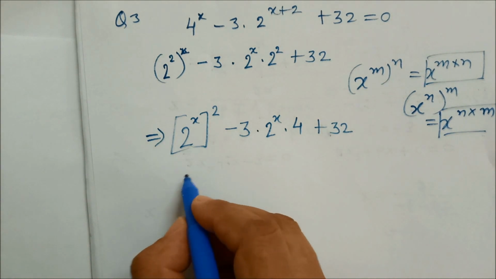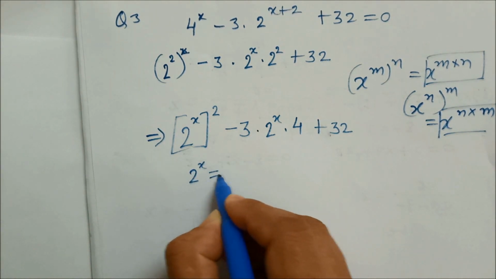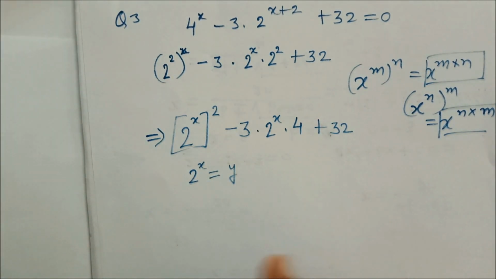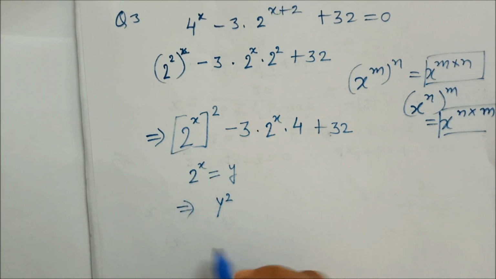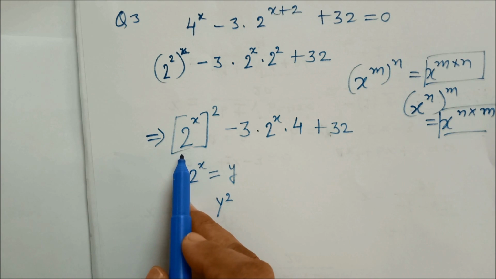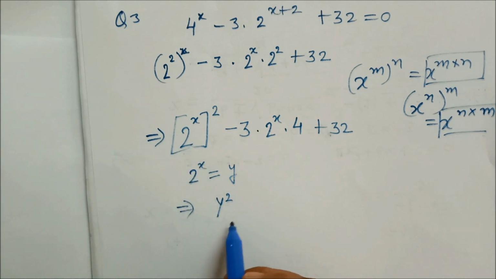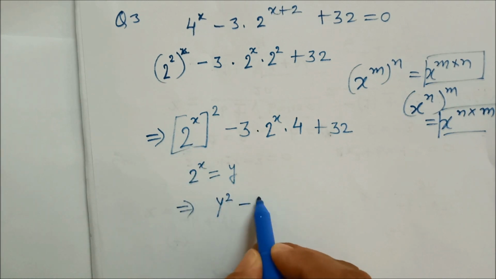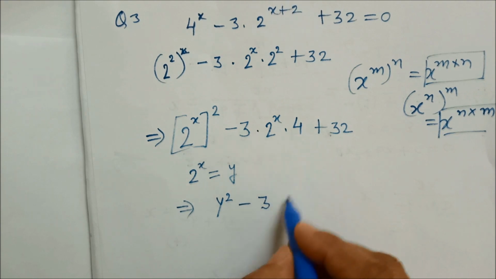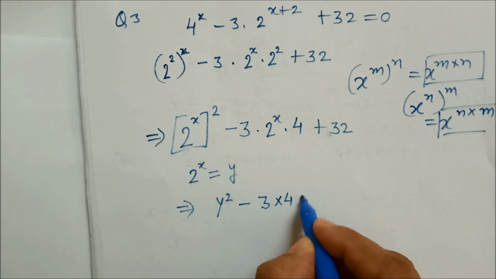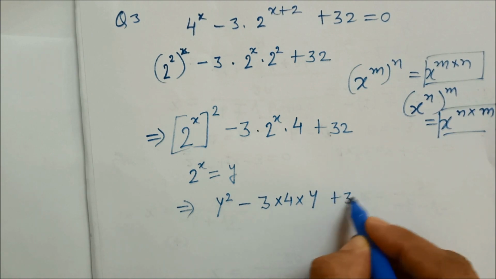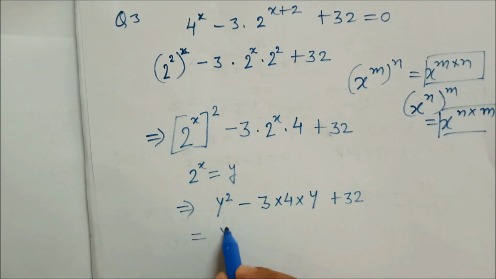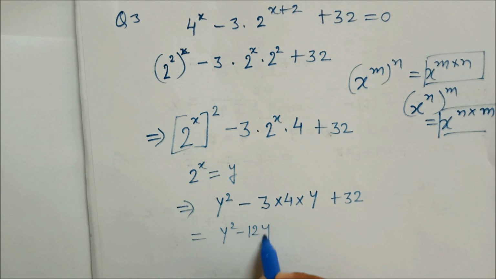After that we will suppose 2 raised to the power x is equal to y. So we will get y square, after writing the value of 2 raised to the power x. So we get y square minus 3 into 4 into y plus 32, that is y square minus 12y plus 32.